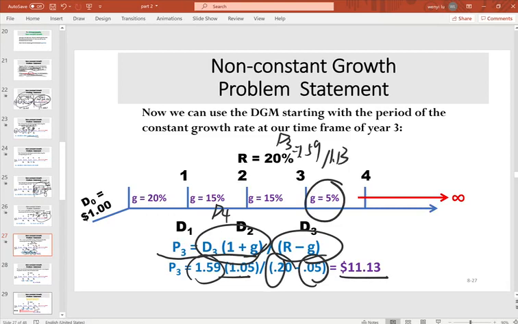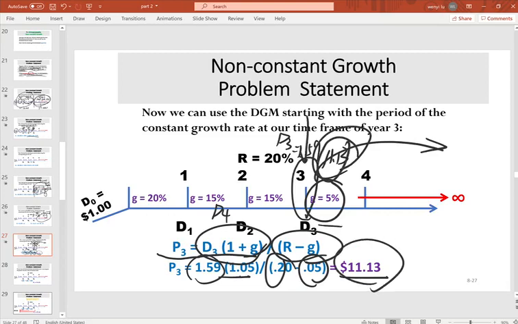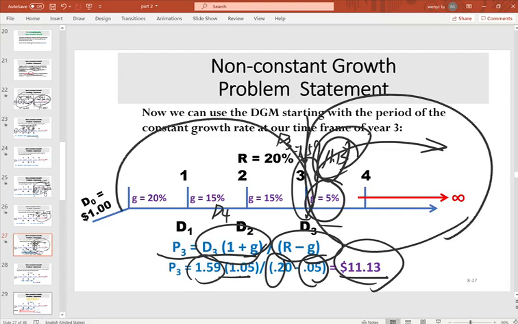If you are standing at time 3 looking forward, the price you're willing to pay for the stock is $11.13. But don't forget, this is only for this part. We're still not including the dividends paid in the first 3 periods yet.